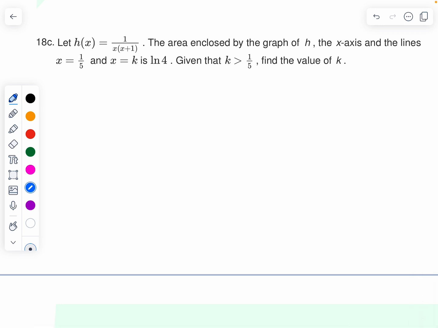Let h of x equal 1 upon x times x plus 1. The area enclosed by the graph of h, the x-axis, and the lines x equals 1 upon 5 and x equals k is ln 4. Find the value of k. So the integral from 1 upon 5 to k of h of x dx.